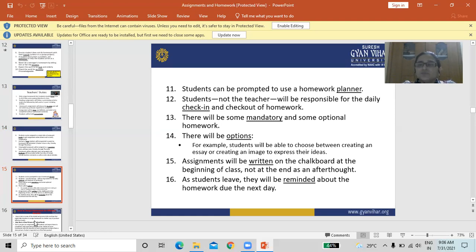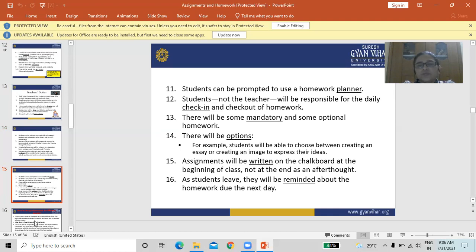So you should give two or more options. Students choose according to their interest and their capacity. So give two or more options.